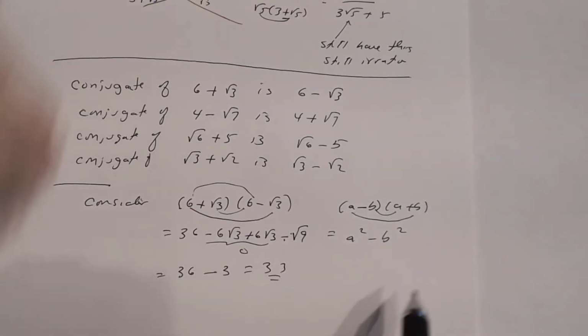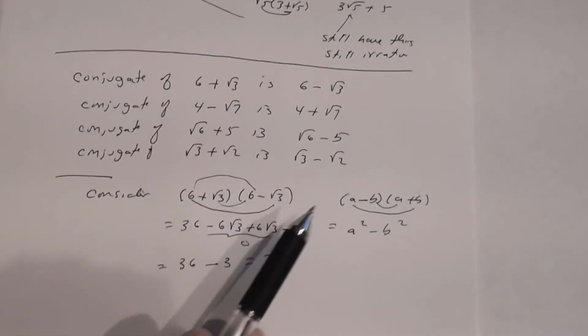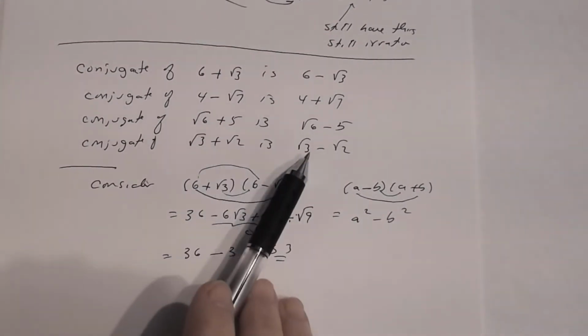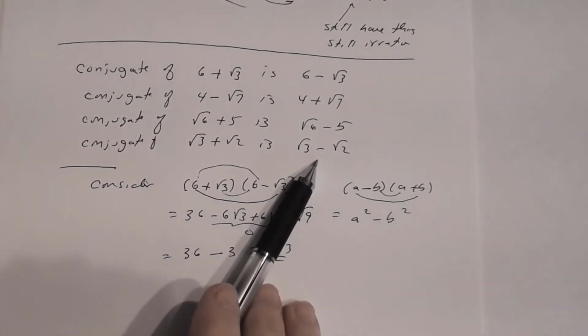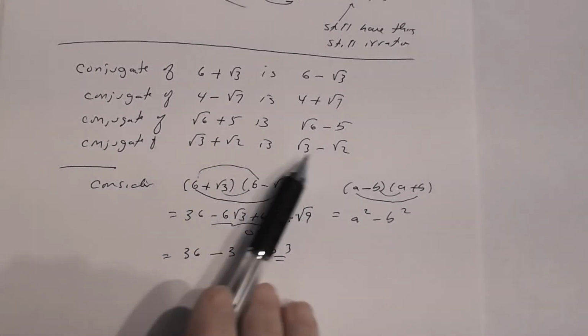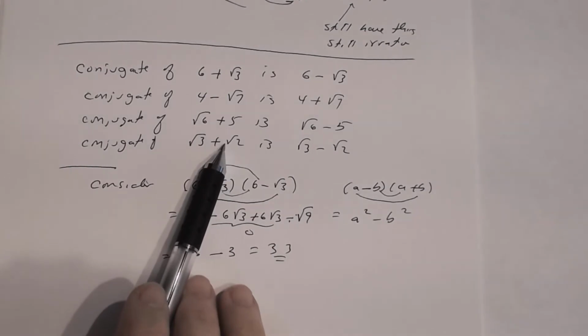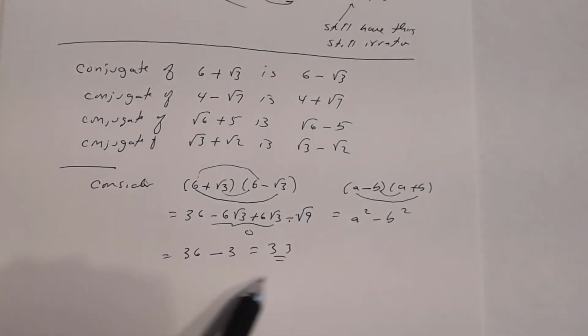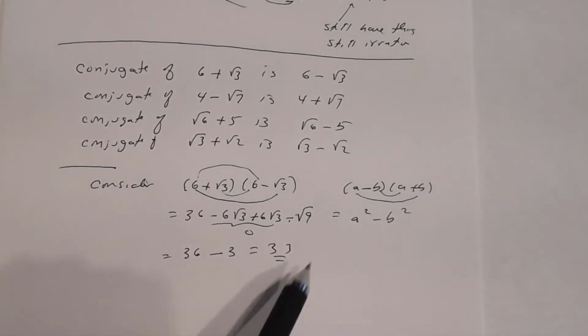So again, notice what we said earlier. Whenever you multiply two binomials that are conjugates of each other, and we are dealing with square roots, and they contain at least one square root, you're going to end up with an expression that does not contain a square root.